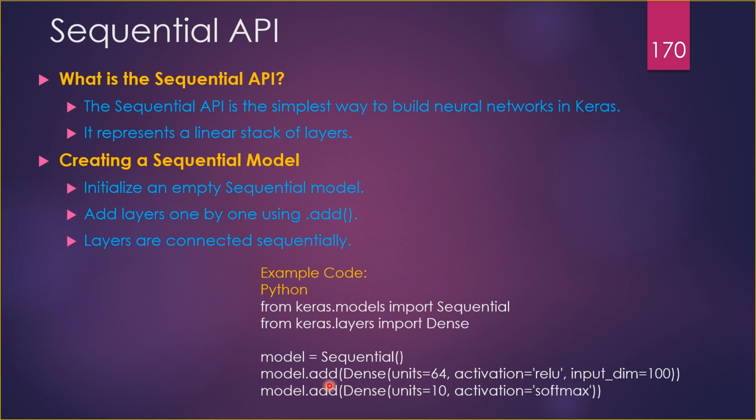Now within this add function, definitely I have to pass some parameters. The parameters should be represented within another function which is Dense. Dense is a function which represents a fully connected layer, because we are going to create a multi-layered perceptron.